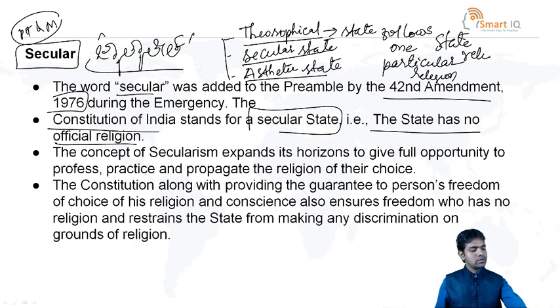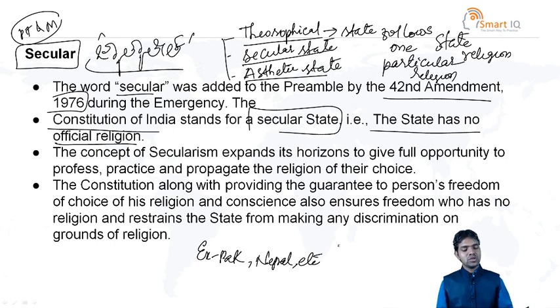For example, Pakistan is an Islamic state that follows only one religion. Nepal is a Buddhist country. Pakistan and Nepal are examples of the theosophical state.